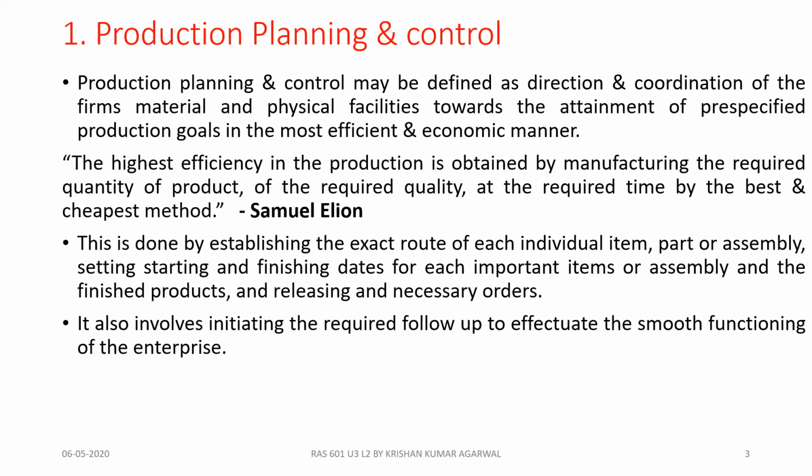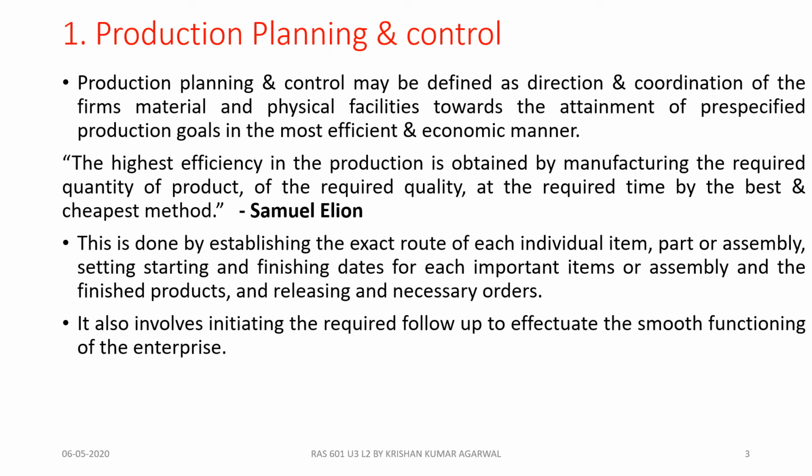Production control is a corrective technique, the corrective actions that are taken when things go wrong or are not optimizing exactly. And so, in order to optimize the activities, one should go to production planning and control.